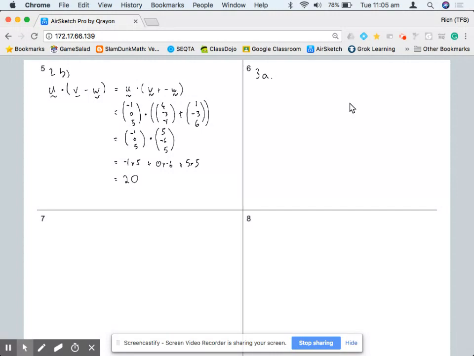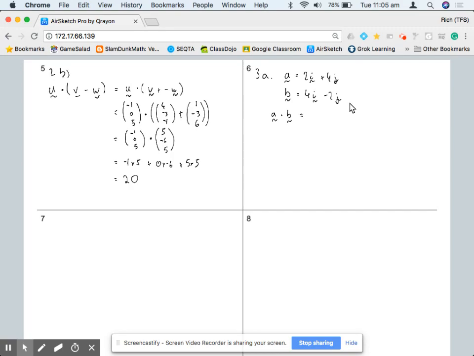So 3A: vector a is equal to 2i plus 4j. Vector b is equal to 4i minus 2j. And the dot product of those two vectors, we just match up the coefficients, don't we?